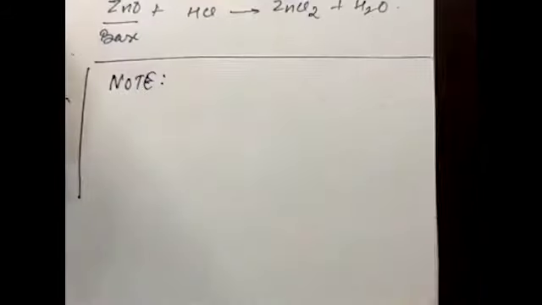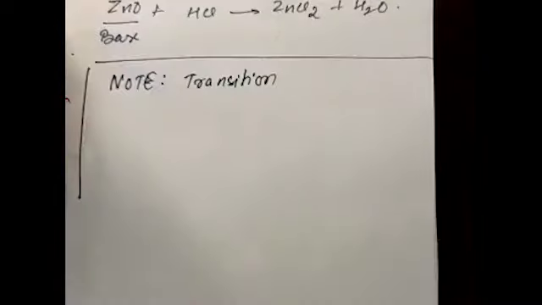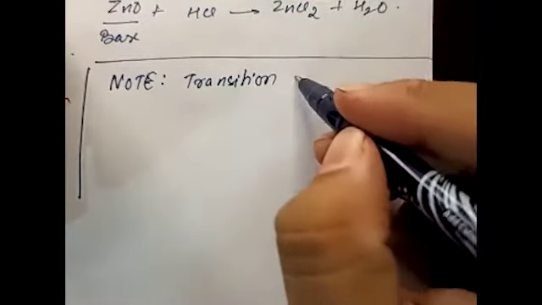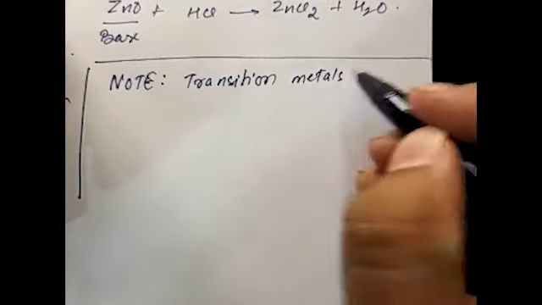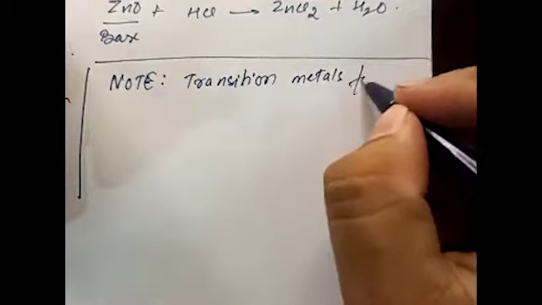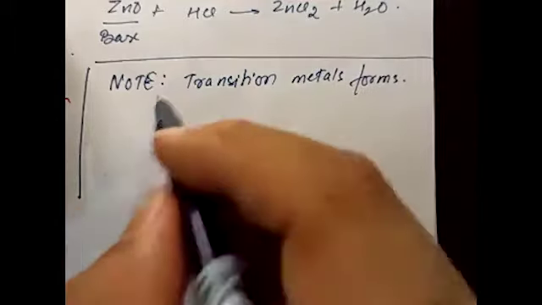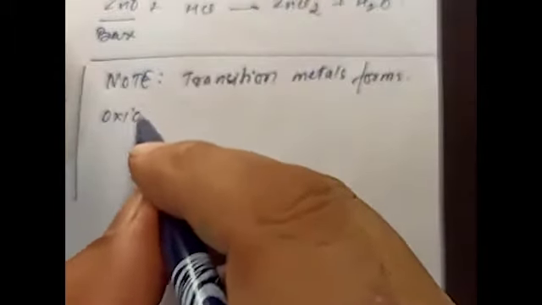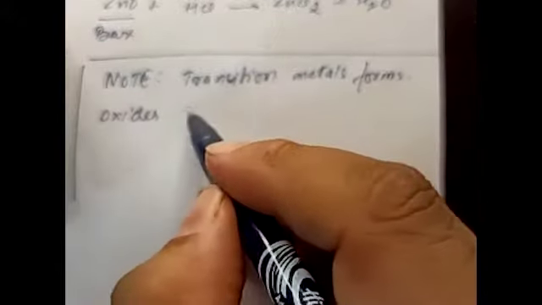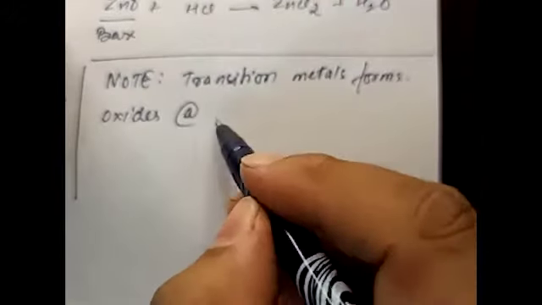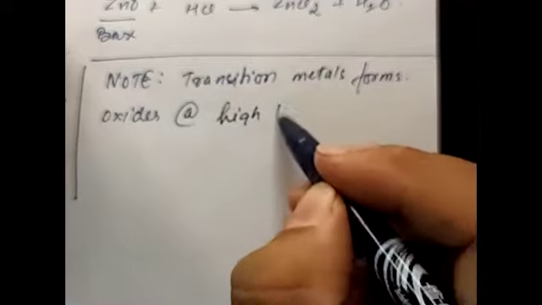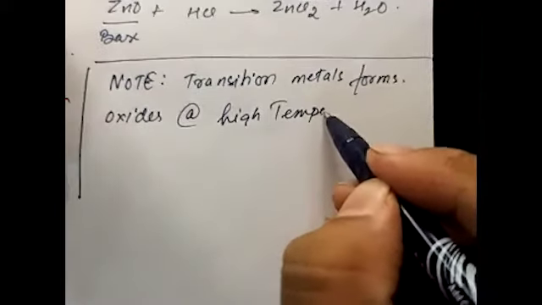So there's a special note. Transition metals form oxides at high temperature.